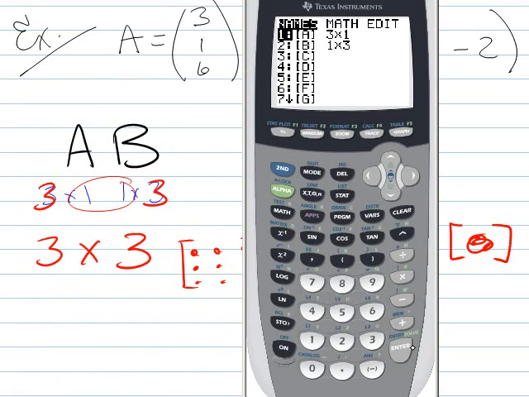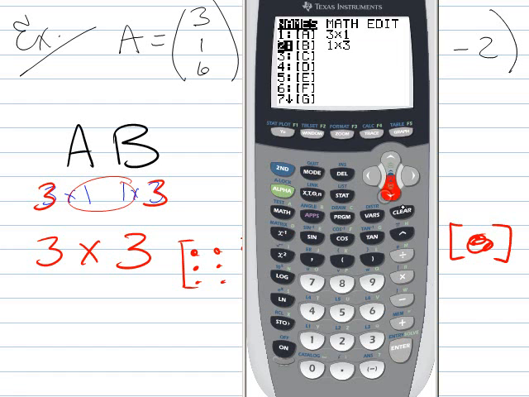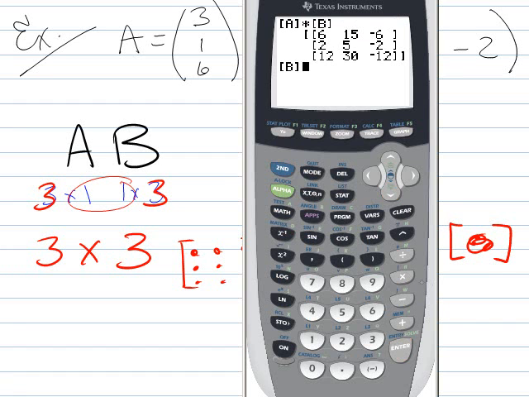One of the reasons that I'm finding the sizes in advance is that if I put it in my calculator and I get something that's the wrong size, I can say, well, maybe I put it in my calculator wrong. All right, so there's my answer for A times B. And let's find my answer for B times A. And there we go.